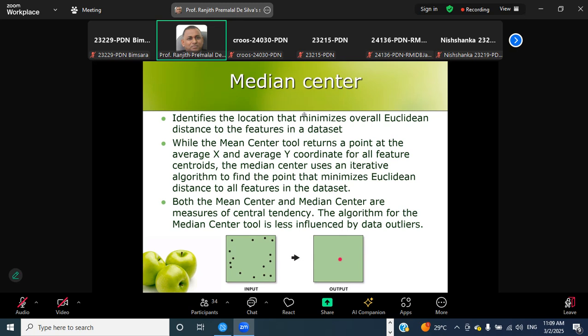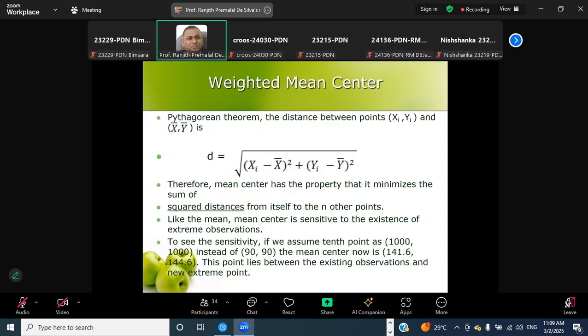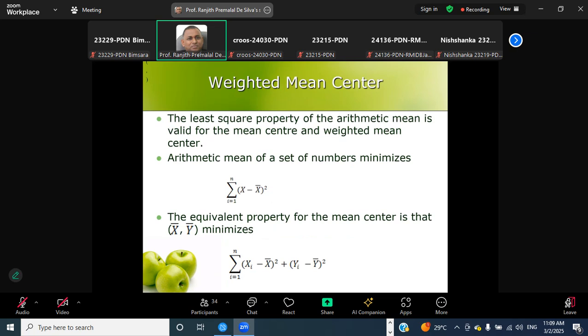Now, if you look at the mean center and the weighted mean center, right? They minimize the squared x distance plus the squared y distance.